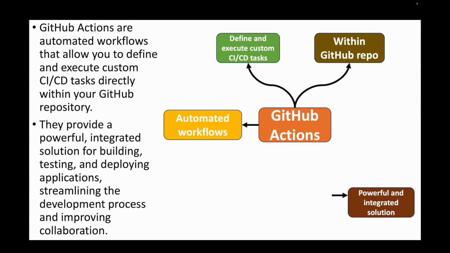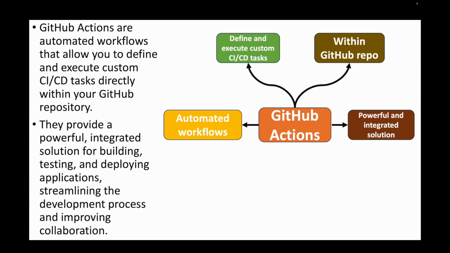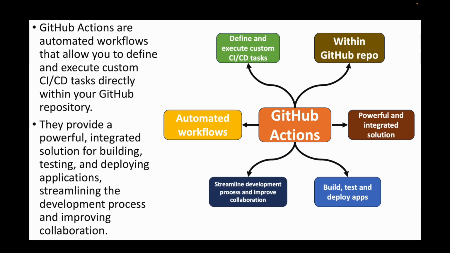Now, these provide us with a powerful and integrated solution, and we can use it to build our applications, test our applications, and also deploy our applications to different environments. And this will help us to streamline the entire development process and also improve the collaboration with other people within the team. So basically, if you want to implement CI/CD within GitHub, we can make use of your GitHub Actions for that.